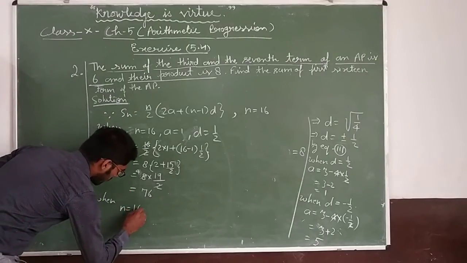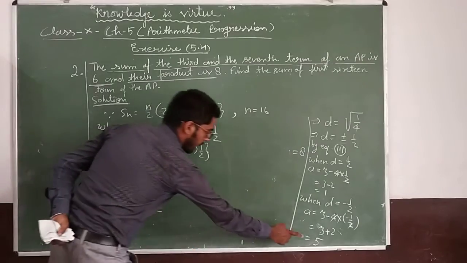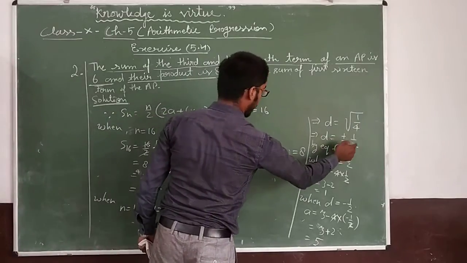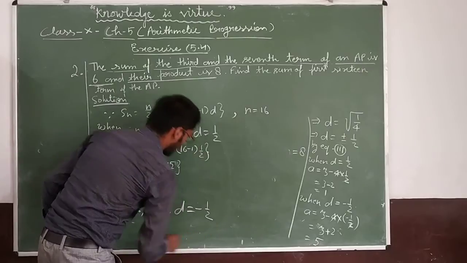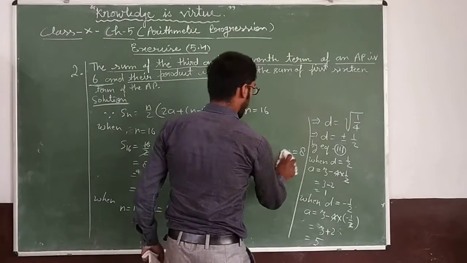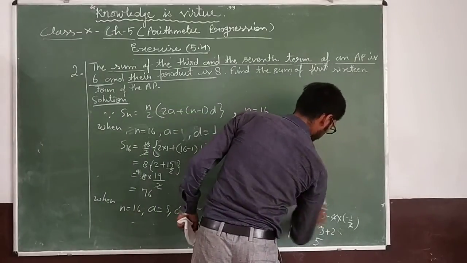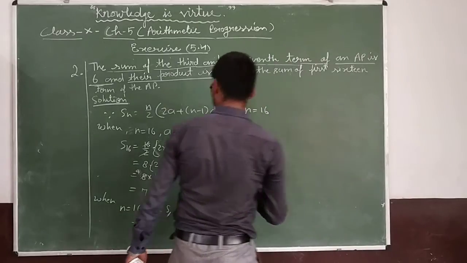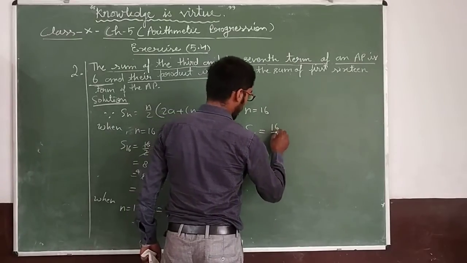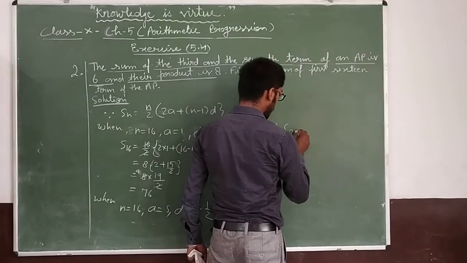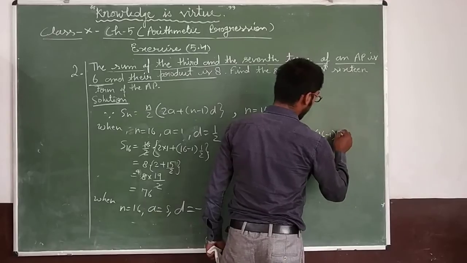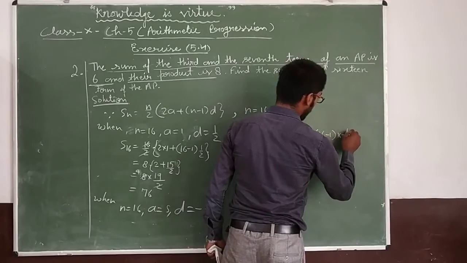When n is equal to 16, A is equal to 5 and common difference D is taken as minus 1 by 2, then find Sn. S16 is equal to 16 upon 2 in bracket 2 into 5 plus 16 minus 1 into common difference minus 1 by 2.